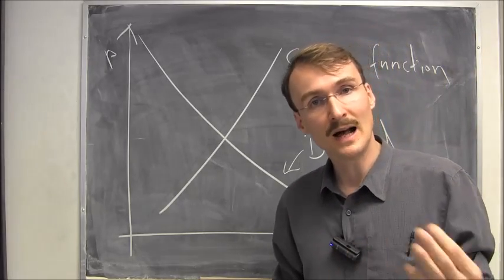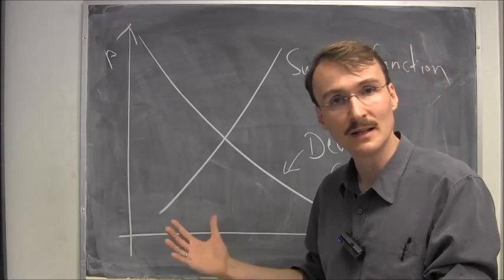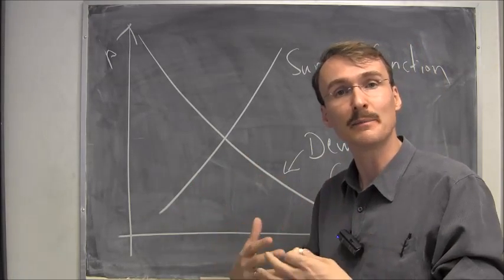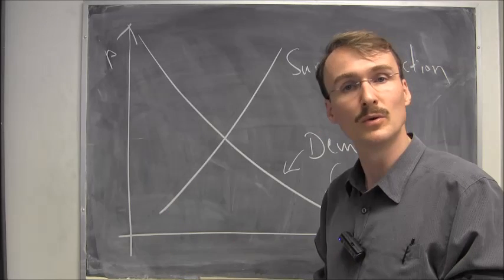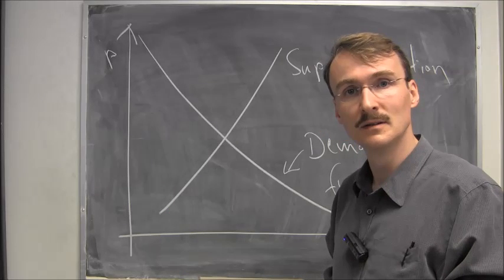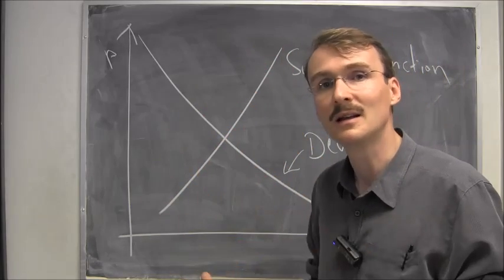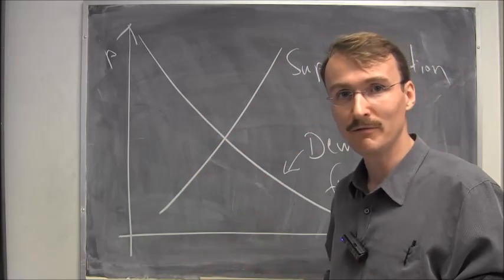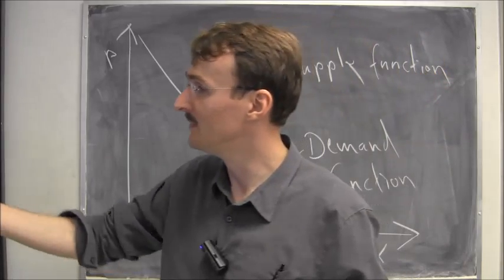Now, what I want to ask is, what does this model have to do with reality? It's supposed to be a simplified representation of reality, of a market for one good. If you go to the farmer's market in Davis, then you don't see directly a demand function or a supply function. This is quite different from the campus map.